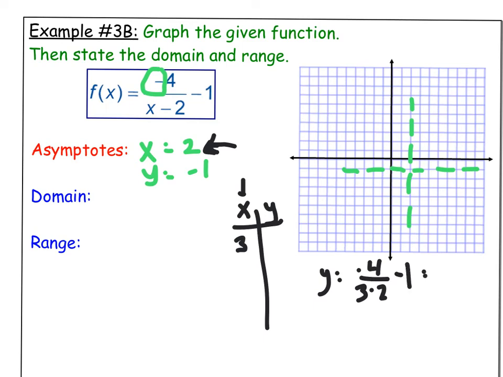That equals negative 4 over 1, minus 1. Negative 4 minus 1 is negative 5. So (3, negative 5): 1, 2, 3, negative 1, 2, 3, 4, 5. Now my branch is over here.